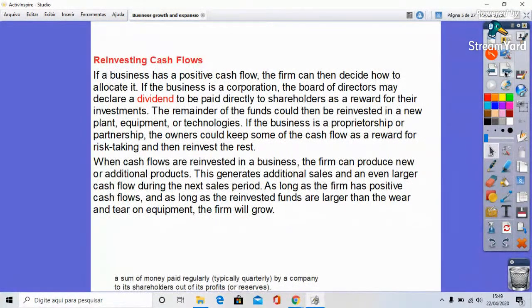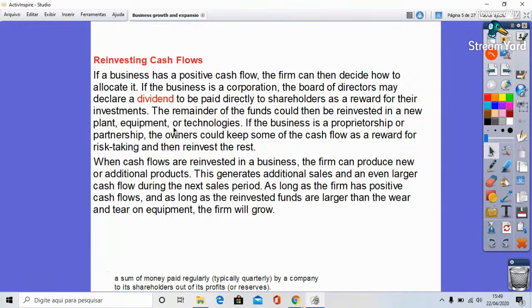Going through, let's talk about our cash flow. How can I reinvest my cash flow? If a business has a positive cash flow, the firm can decide how to allocate this money. Remember, the cash flow is how much money comes in and goes out. If the business is a corporation, usually the directors may declare a dividend.